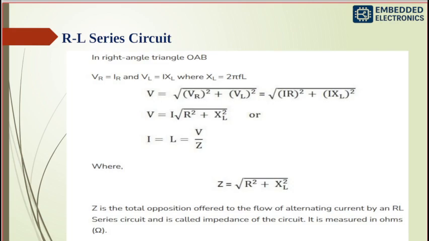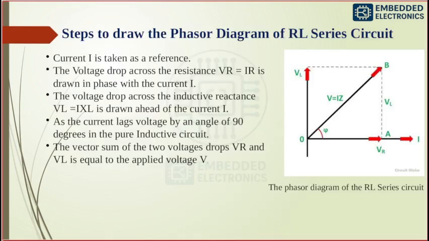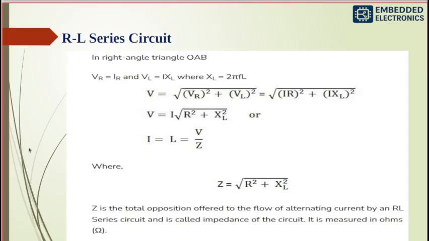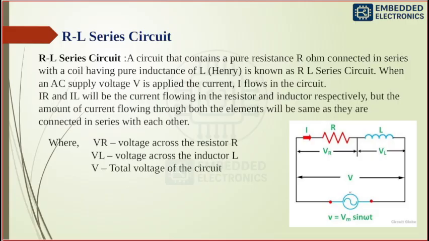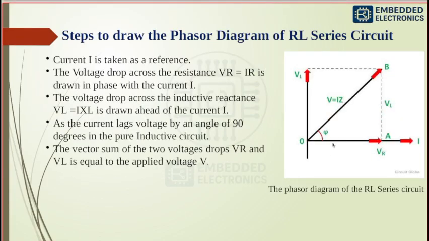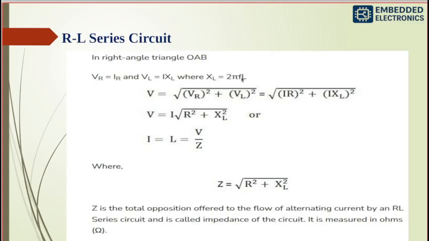In the right angle triangle OAB, VR equals IR and VL equals IXL. So V equals the square root of VR square plus VL square.